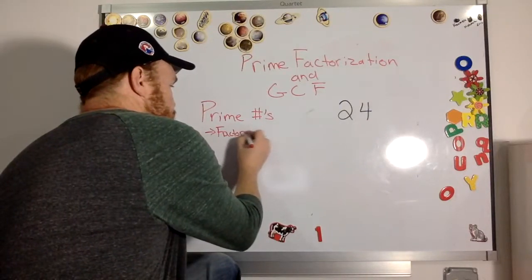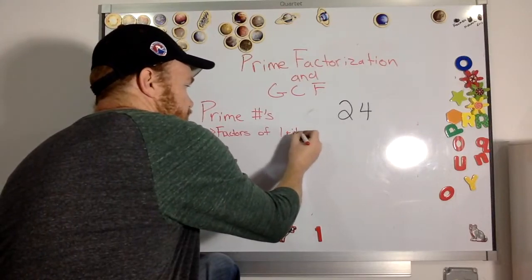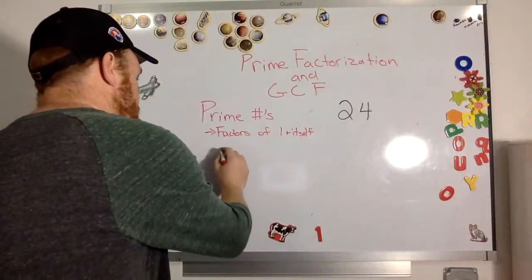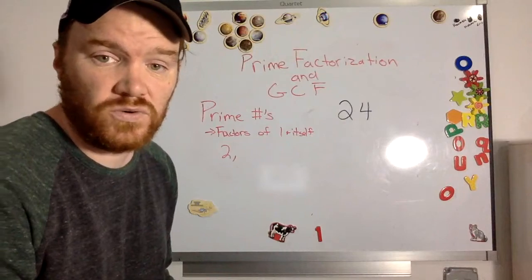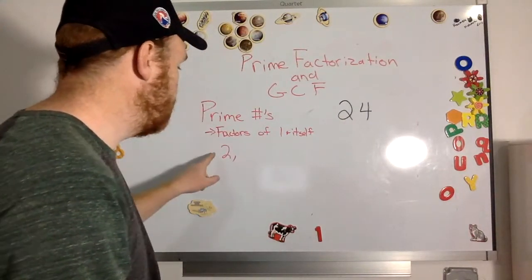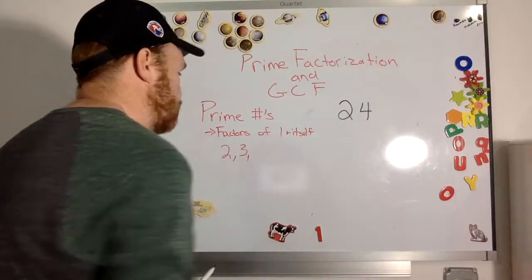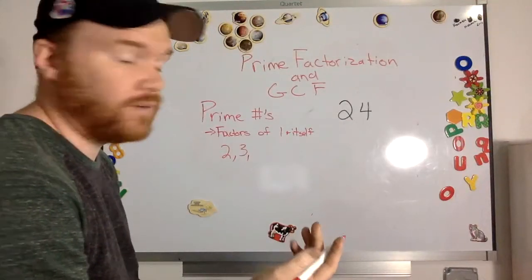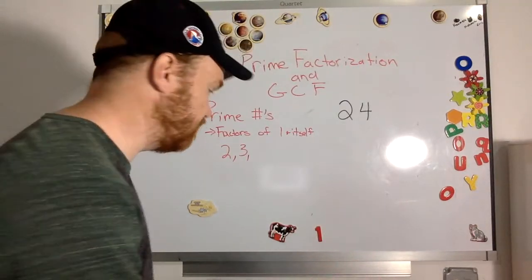Factors of 1 and itself. For example, 2 is a prime number. I can only get 2 by multiplying 1 times 2. 3 is also a prime number. 4 would not be a prime number because 4 has a factor of 2, because 2 times 2 is 4.